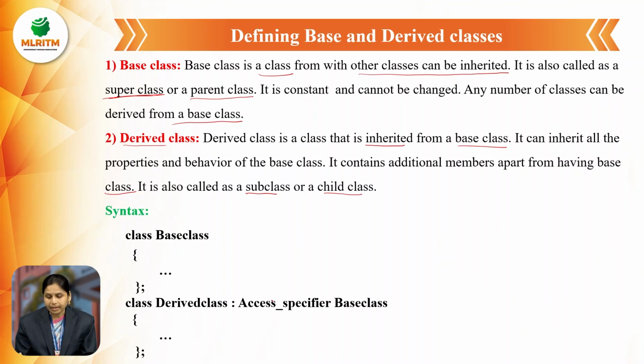We can access the base class members in the child class. In this syntax, the child class is the derived class, followed by a colon and the access specifier. These are nothing but public, private or protected. We can use any one, depending on our requirement.